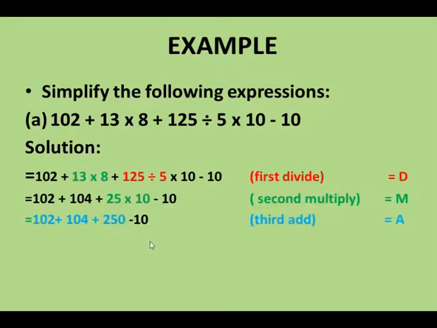Then we add, adding all the positive numbers. So 102 plus 104 plus 250, so we have got 456 minus 10. So we have got 446. In this way, DMAS, when bracket and of have not been given, then what will remain? DMAS: divide, multiply, addition and subtraction. So this rule is followed in this pattern.